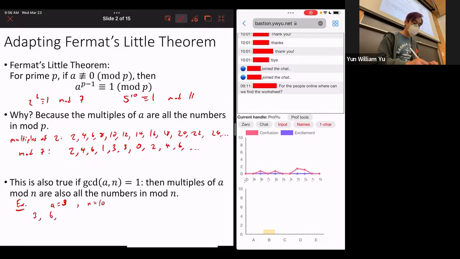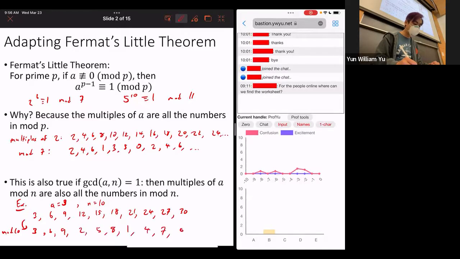And one way of seeing that is if you take all the multiples, 3, 6, 9, 12, 15, 18, 21, 24, 27, 30, and so on. As you go down to mod 10, you get 3, 6, 9, 2, 5, 8, 1, 4, 7, 0. And so this is still all numbers. So you still do get all the people around the circle, even when the number of people isn't prime, so long as the two numbers, the tossing number and the number of people around the circle, are relatively prime. Okay?